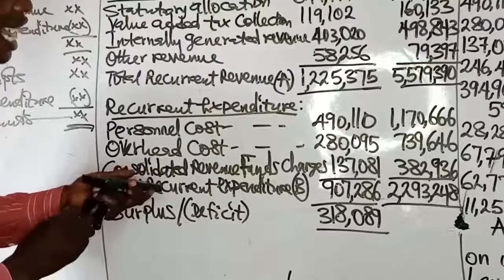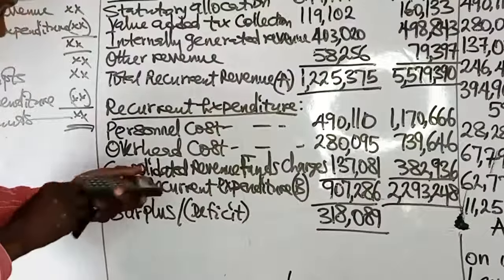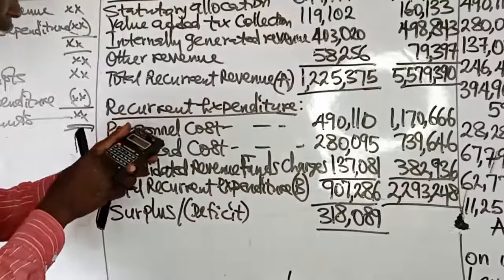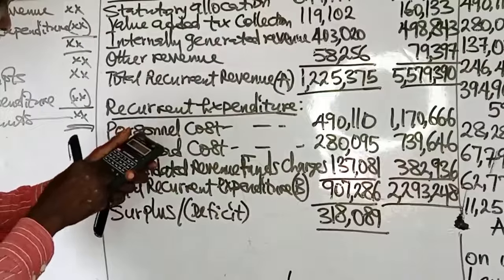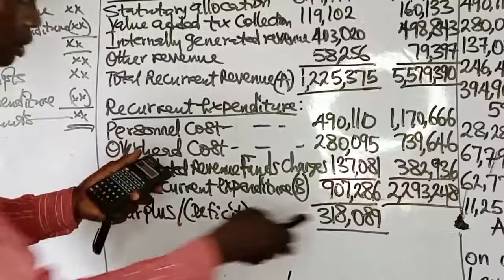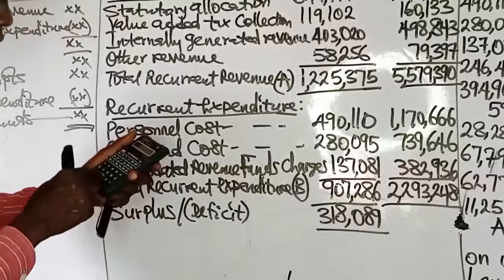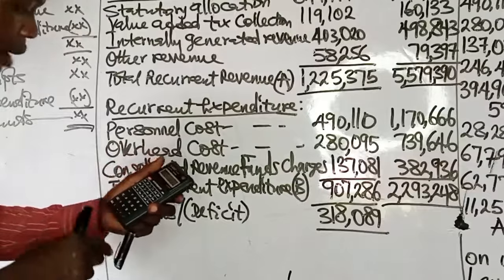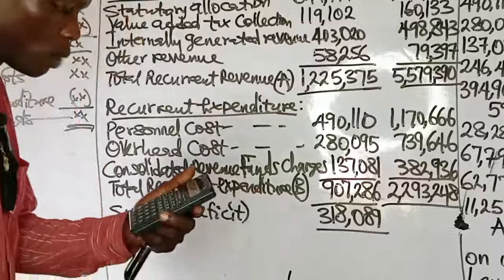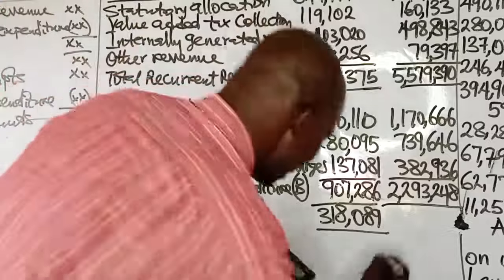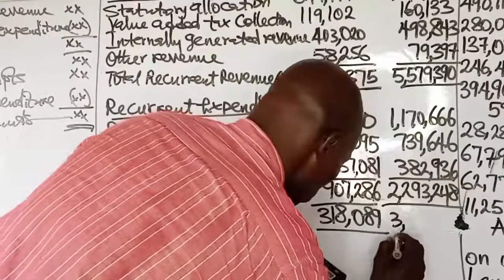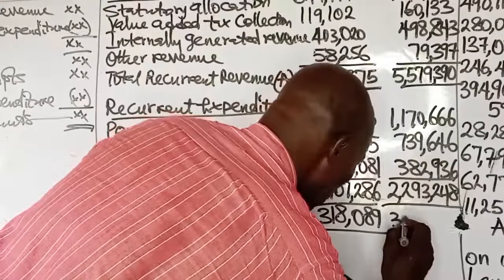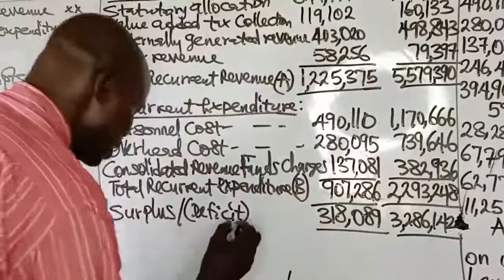Then for 2018, we have recurrent revenue totaled 5,579,390 minus total recurrent expenditure of 2,293,248. You have the surplus of 3,286,142.